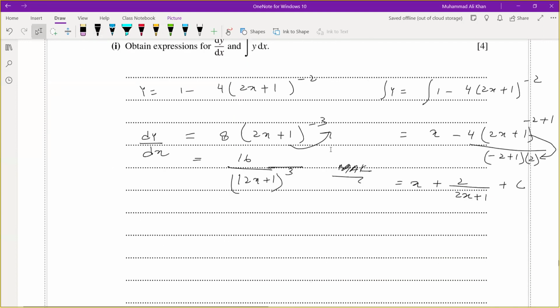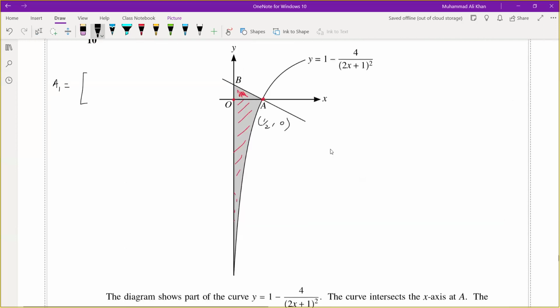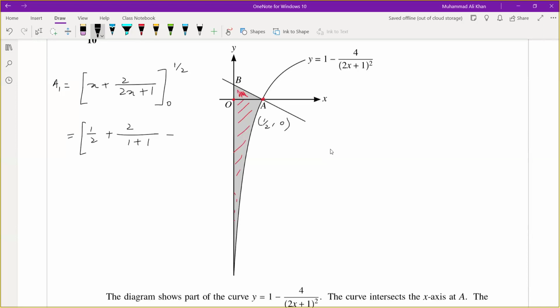It will be x plus 2 over 2x plus 1. x की वैल्यू 0 एंड हाफ. 0 से लेकर हाफ तक का एरिया कैलकुलेट कर रहे हैं. अपर लिमिट हाफ plus 2 over 1 plus 1 minus lower limit 0, so it will be 2 over 1, which is equal to 2 only.